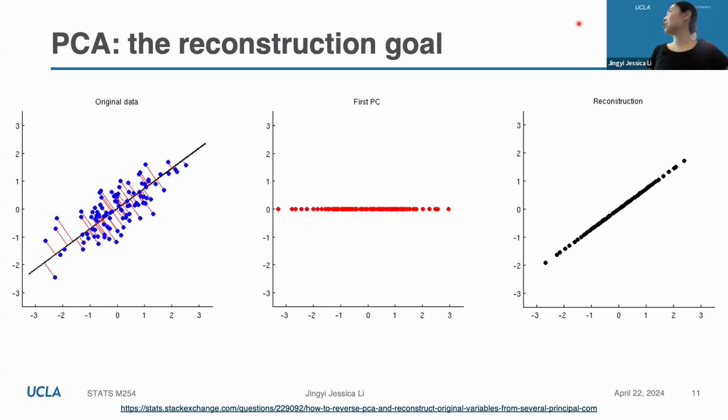Okay, reconstruction. This is a very nice illustration. What it means is that for PC1, we found it, and then we plot the N data points in PC1. So now this x-axis is PC1. Maybe I'll just add something for your understanding.